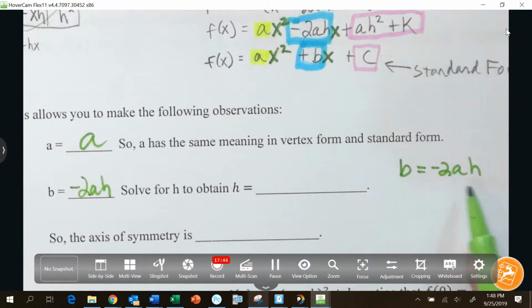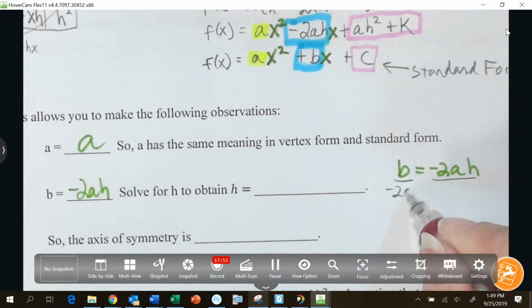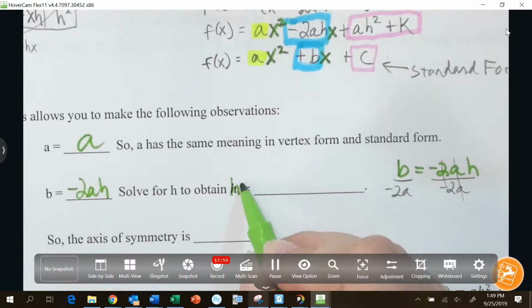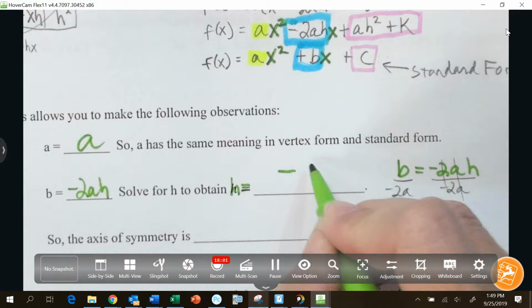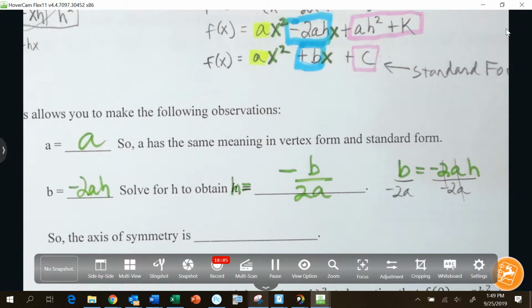What do we do to both sides to get H by itself? No, you were right. So if I divide both sides by negative 2A, I get H equals negative B divided by 2A. This shows you how this formula came to be.